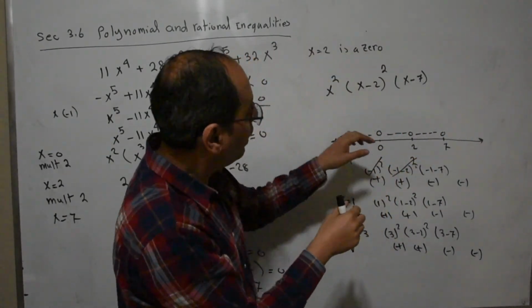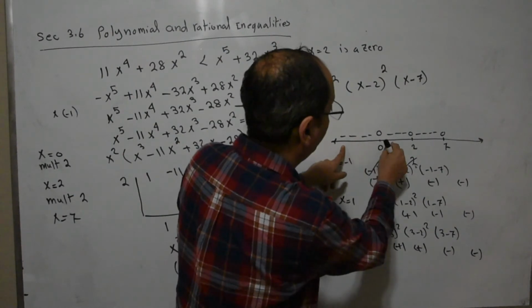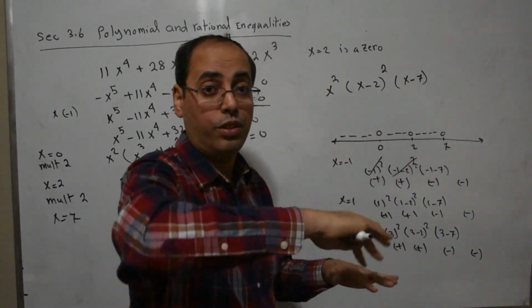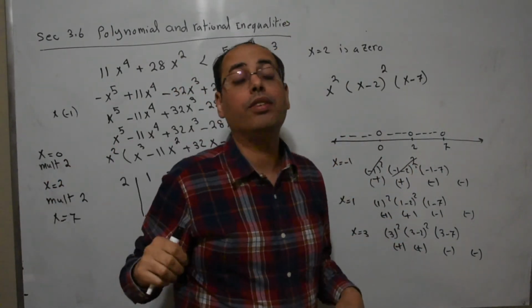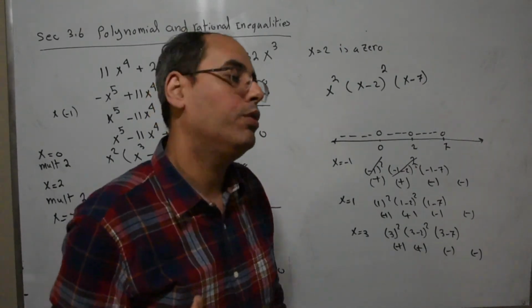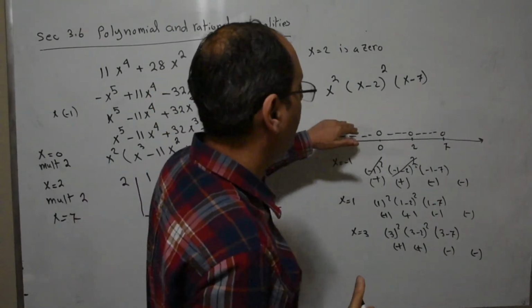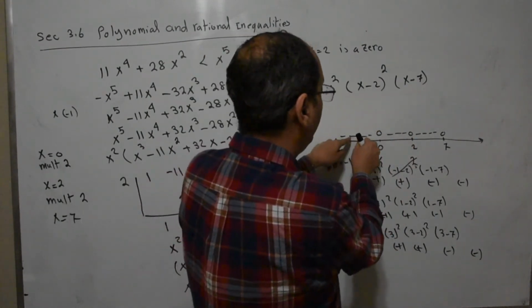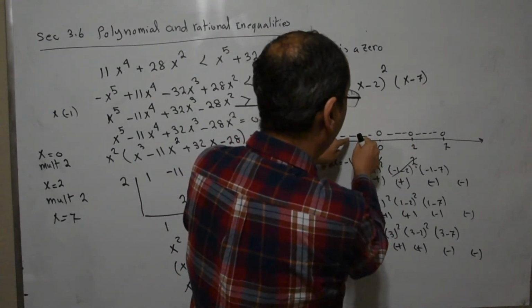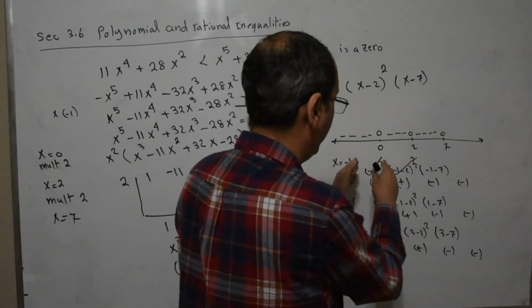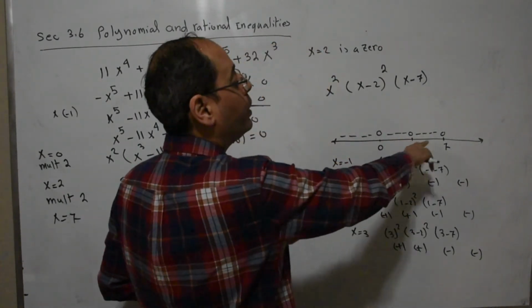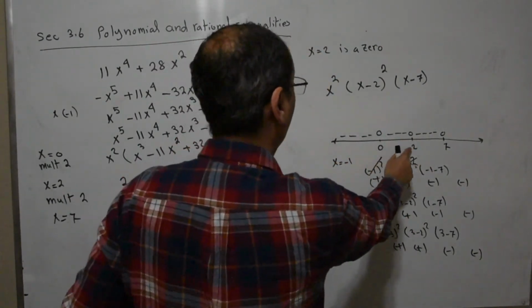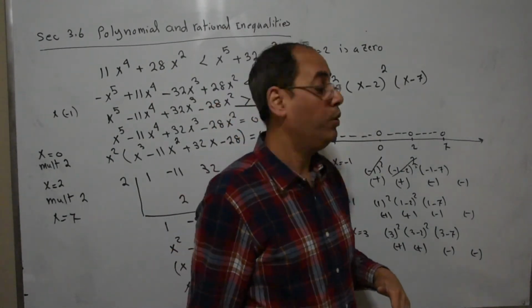Have you noticed that this is negative, negative, and negative? There's no sign change, because if you remember what we talked about before about multiplicity, the graph touches the line. So the multiplicity at 0 and the multiplicity at 2 made these intervals negative.